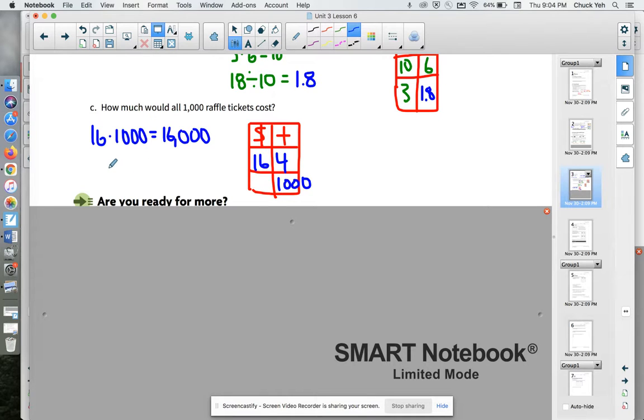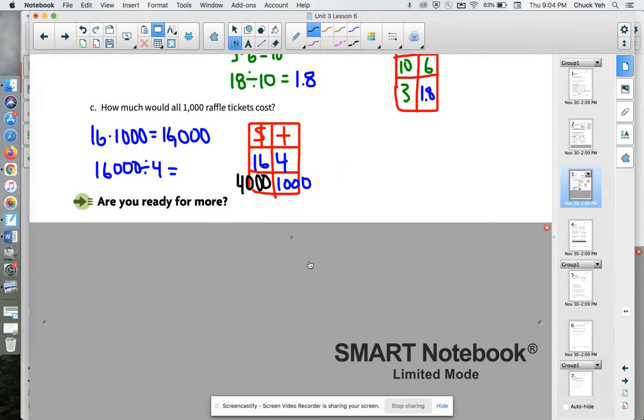And then divide by 4. So 16,000 divided by 4. How much would it cost? Yes, $4,000.